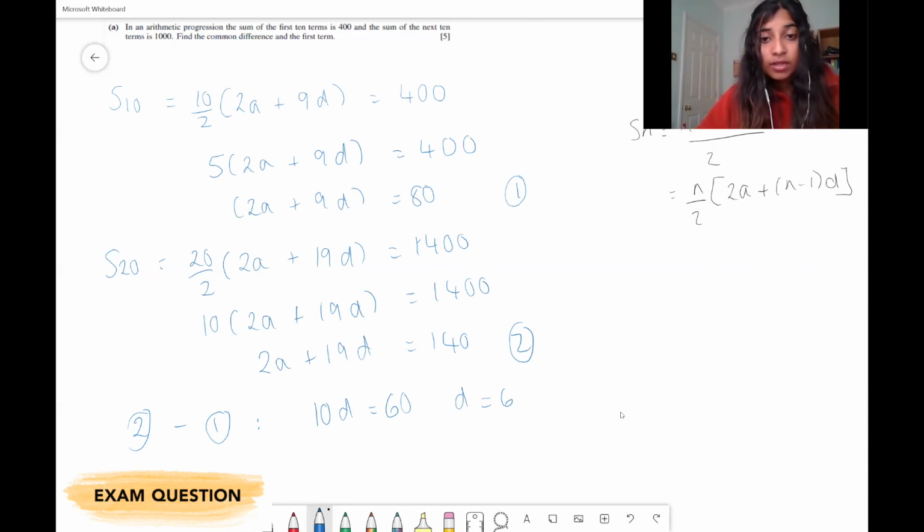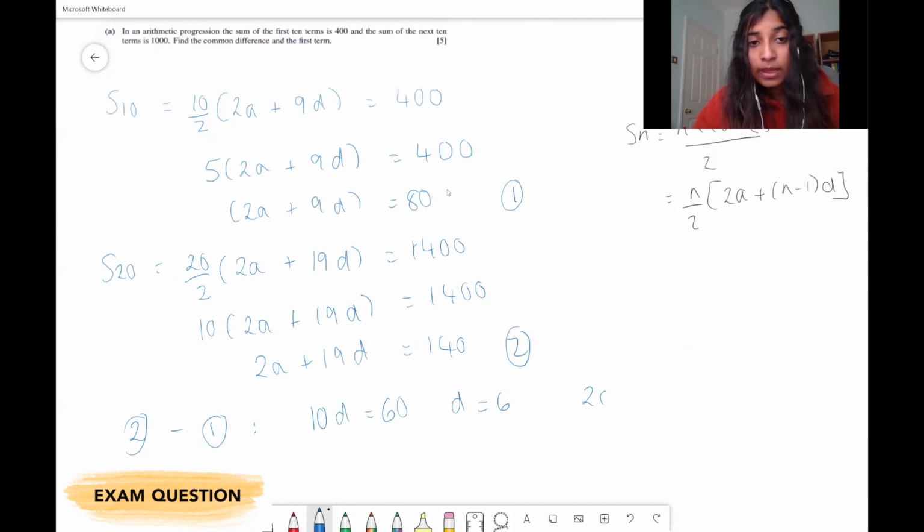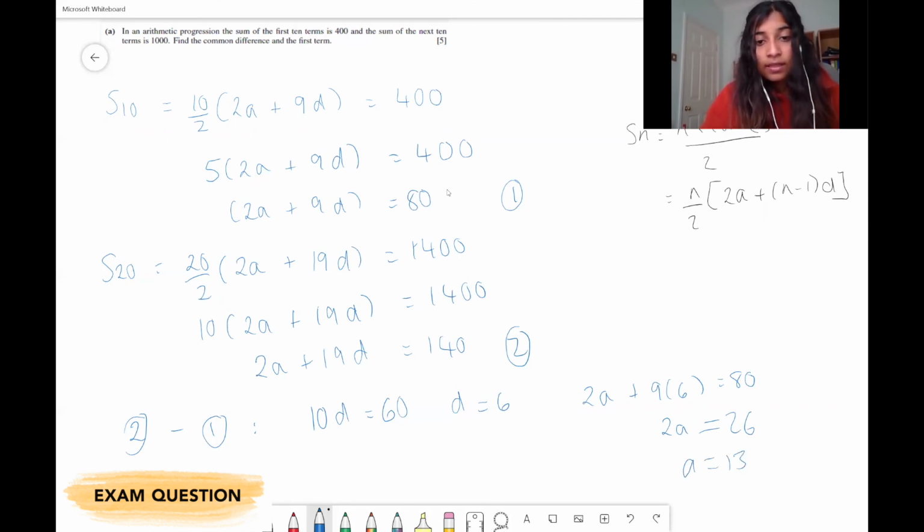Then you can plug that back into, let's say, equation 1, so we would have 2a plus 9 times 6 is equal to 80, then 2a is equal to 80 minus 54, so that's just 26. So then a is equal to 13, and that's your answer.